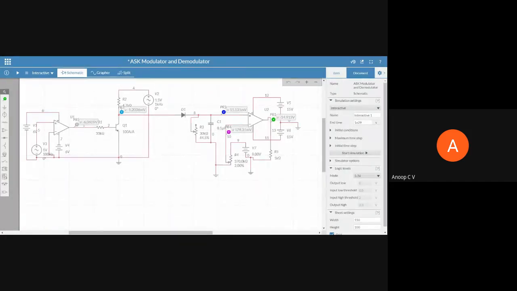Shashank has typed the RC time constant of the envelope detector. Why I mentioned that is: while charging, it will charge through the diode and this capacitor, but while discharging, it is the R and C of the filter that I have considered.